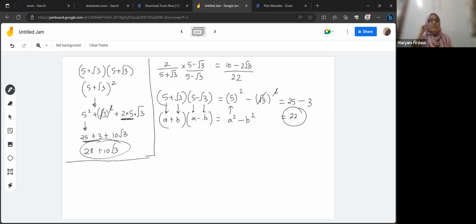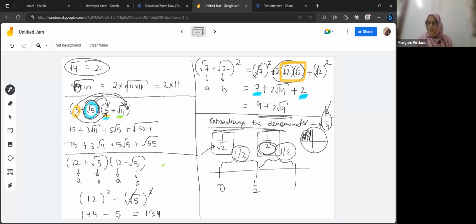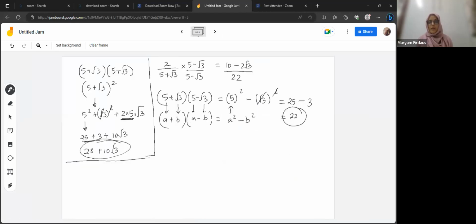It is going to be there, but our aim is to eliminate the root from the denominator. That's why the name of this concept is rationalizing the denominator. If it's there in the numerator, no problem. It just shouldn't be there in the denominator. That's our main concern.